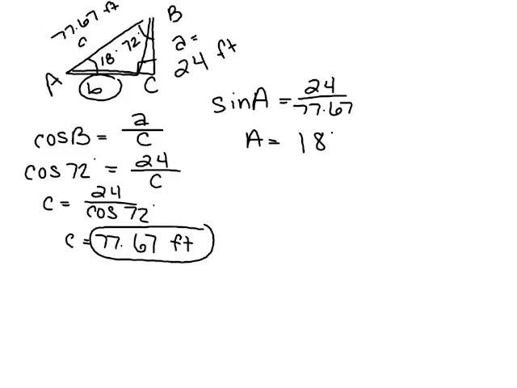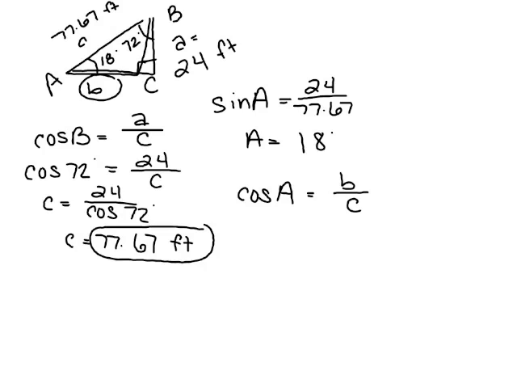You tell me which one you want to use. Okay. So if I use angle A, which side am I trying to find in relation to angle A? The little b side, which is adjacent. Okay, so I need to use the cosine. Cosine for angle A is adjacent over hypotenuse.